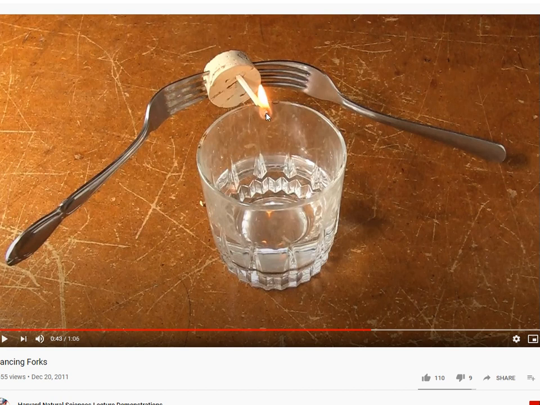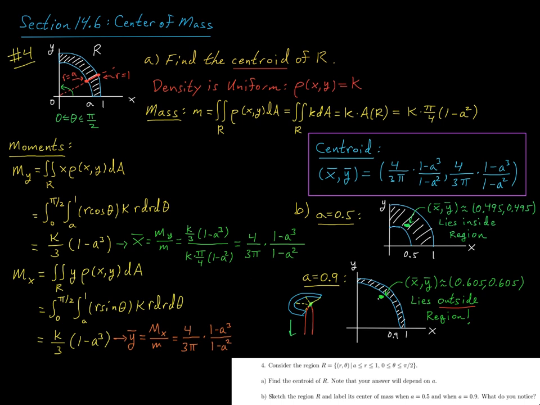You can see that they've attached a matchstick to the corkscrew, and they actually light that match with a blowtorch for some nice theatrical flair. But in any event, this sort of thing can happen precisely because in certain instances, the center of mass does not lie within the region. All right, that's going to do it. Thanks so much.